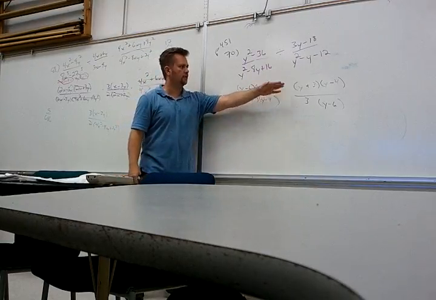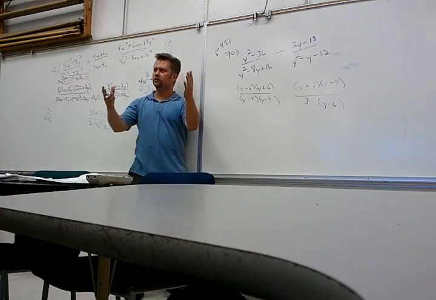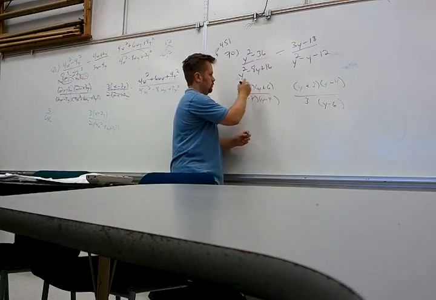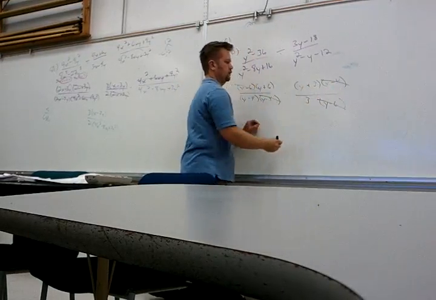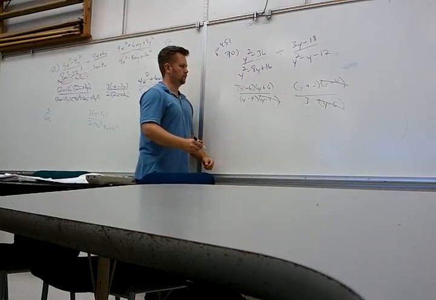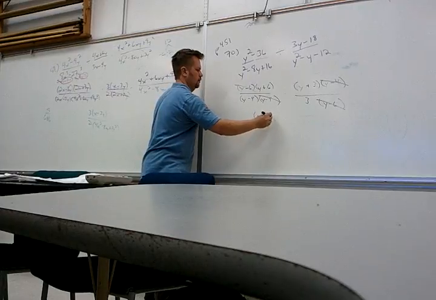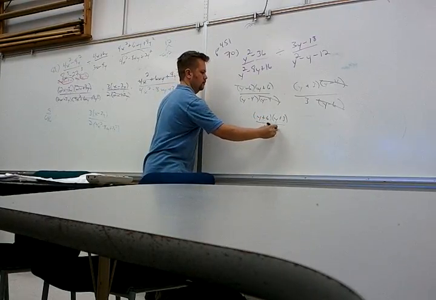This is this times that. You've got a bunch of numbers multiplying by each other. It's a beautiful time for division to step in and do its thing. What cancels? The y minus 6 cancels, and one of these y minus 4s cancels. So on the top, I'm left with 3.